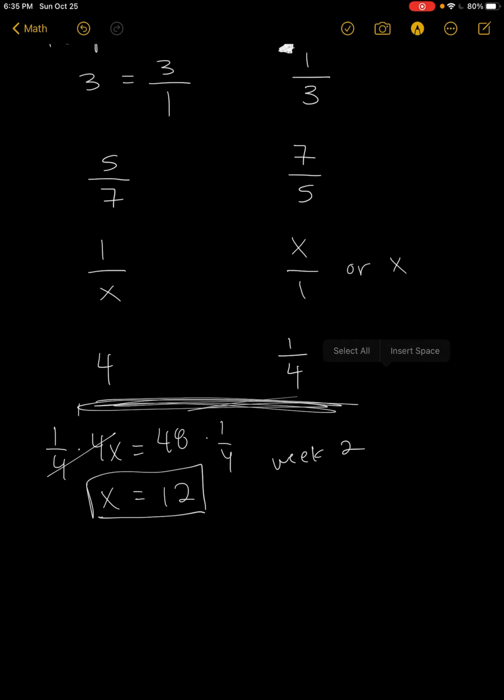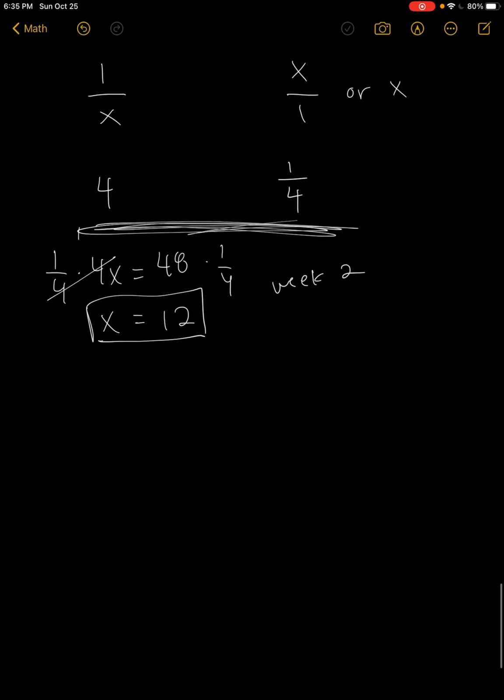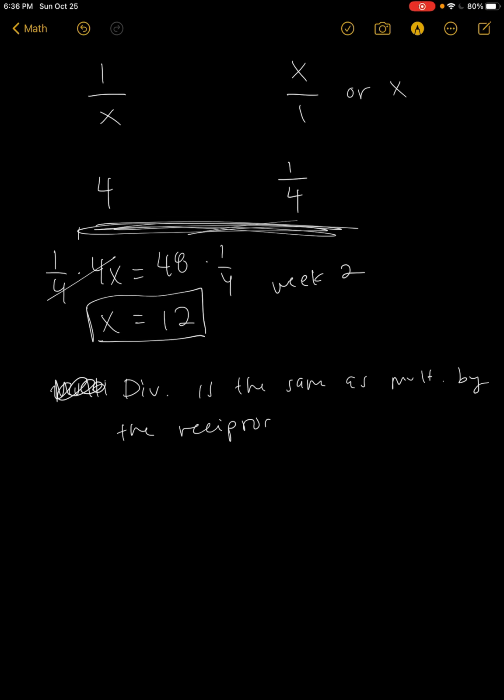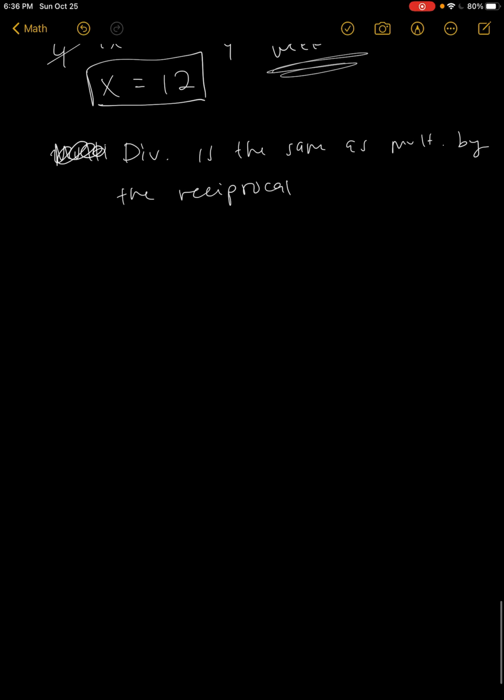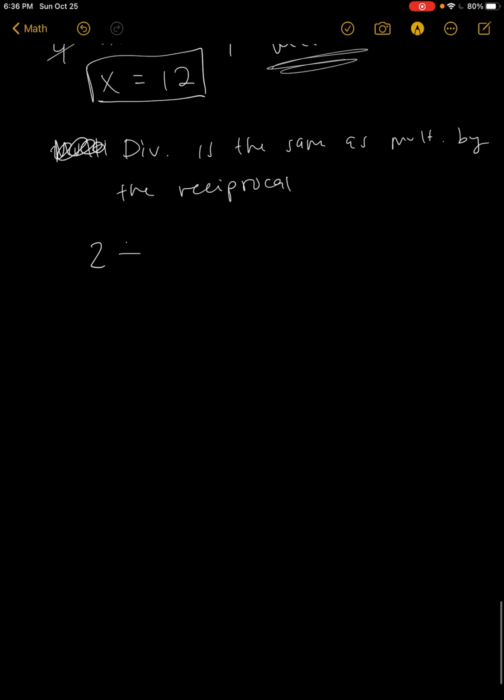So again, we're going back to reciprocals. The reason why I want to show you is that, and I'm pretty sure I covered this, but we'll go over it again. Dividing is the same as multiplying by the reciprocal, which I also went over in those same week 2 lessons.